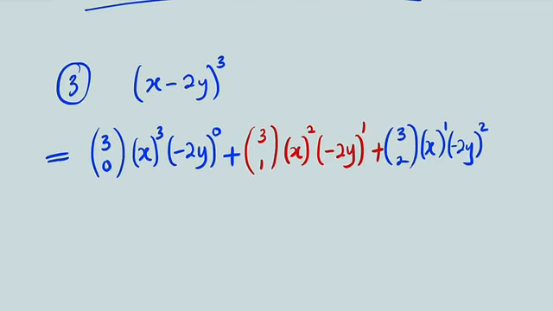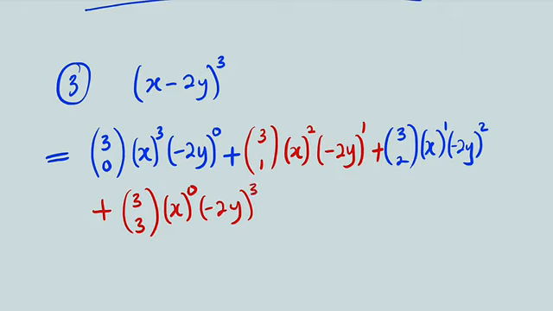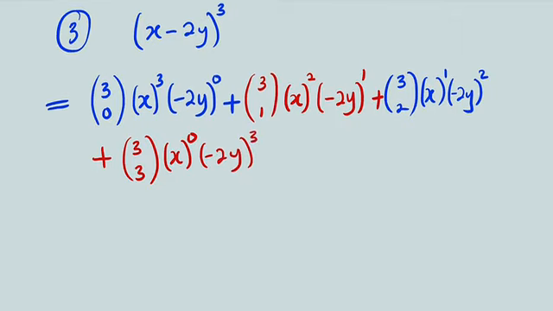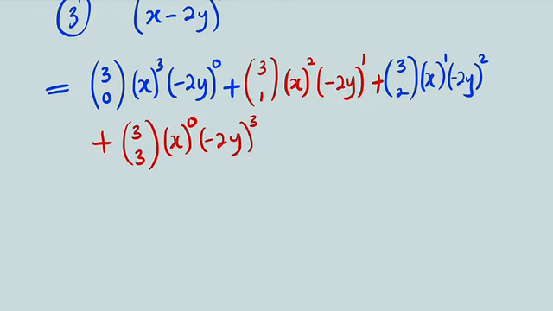Then the last term, we have 3 combination 3, x raised to the power of 3 minus 3 is 0, then negative 2y to the power of 3. Let's simplify this. Remember I told you n combination 0 is 1, therefore 3 combination 0 is 1, and also n combination n is 1, so 3 combination 3 is 1.